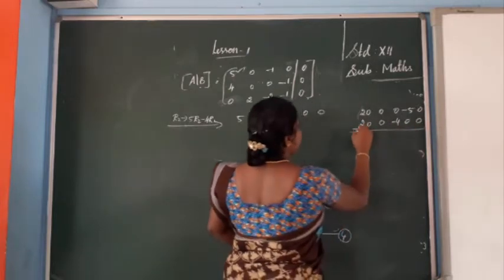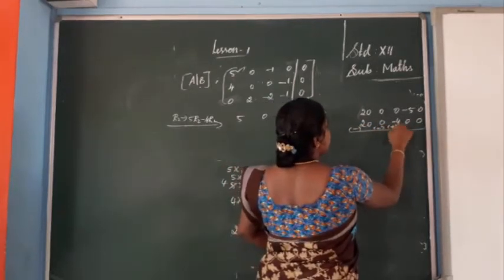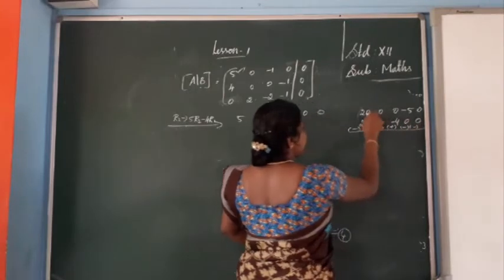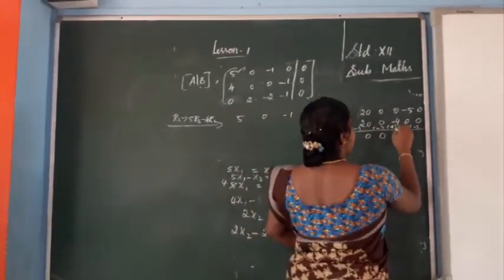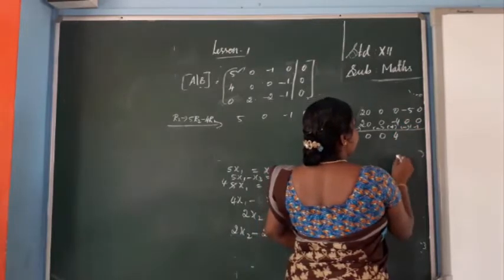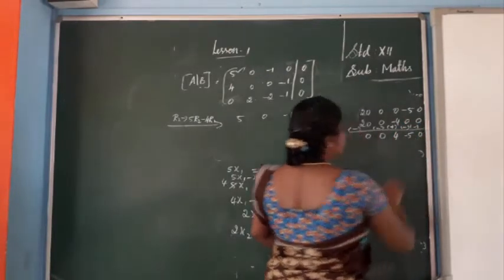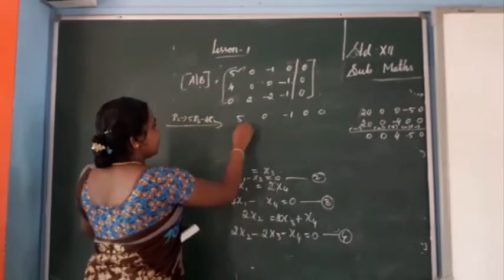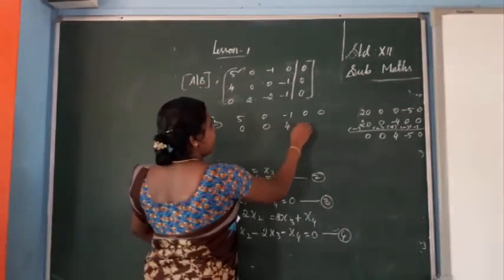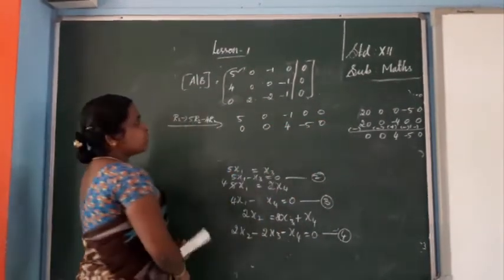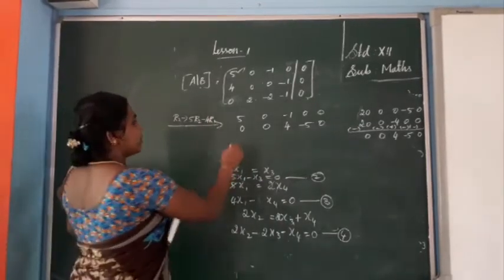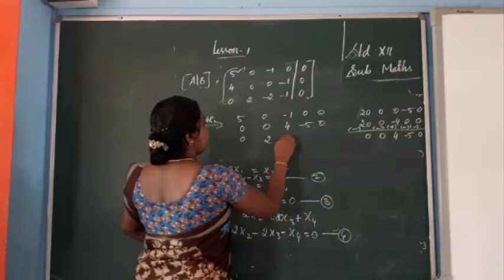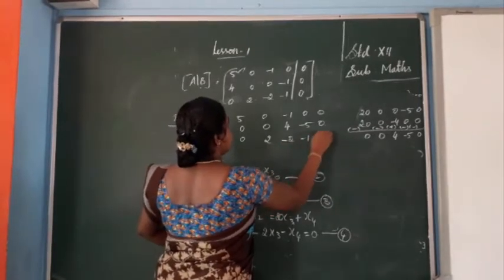Now you subtract. 20 minus 20 is 0, 0 minus 0 is 0, 0 plus 4 is 4, minus 5 minus 0 is minus 5, next is 0. So what we got? 0, 0, 4, minus 5, 0. Next you see the third row. In third row, already 0 is there, so no change: 0, 2, minus 2, minus 1, 0.